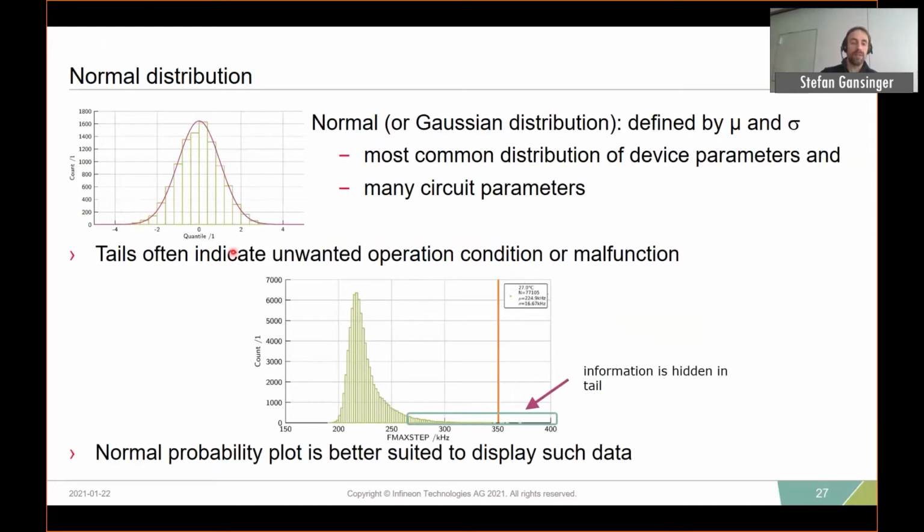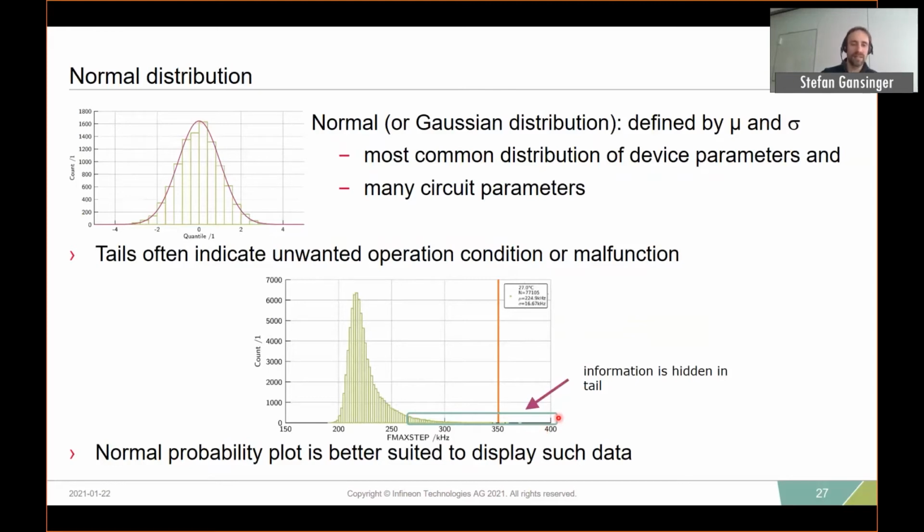However, it is not always the case that the distribution looks like this. Sometimes we have so-called tails. This means that the distribution doesn't, so to say, stop like the histogram. It goes much further to the right than we want to have. And from this graph, we already see that the histogram is not so well suited to display such data, because typically we are interested in the tail, because tails indicate design problems.